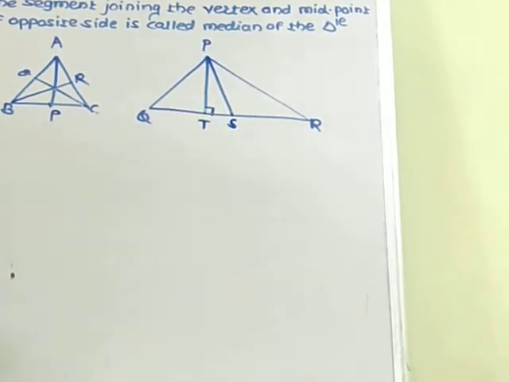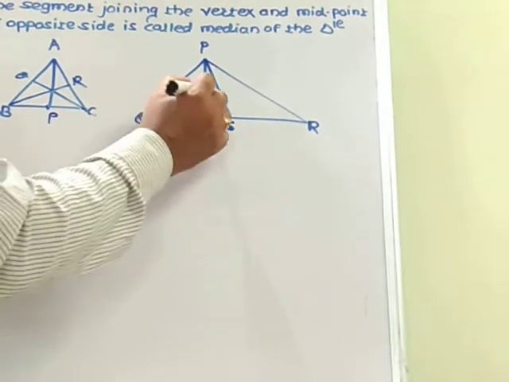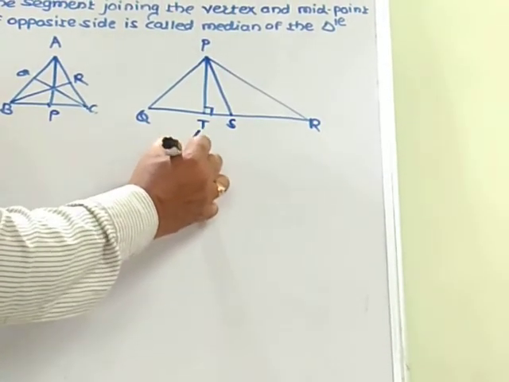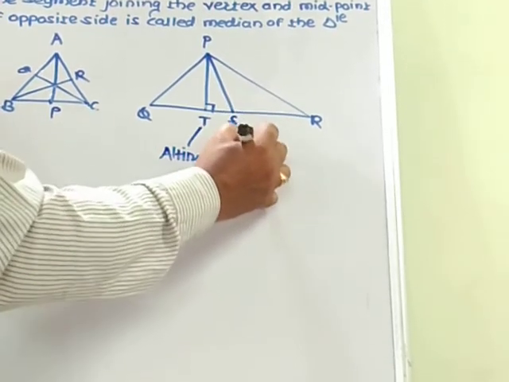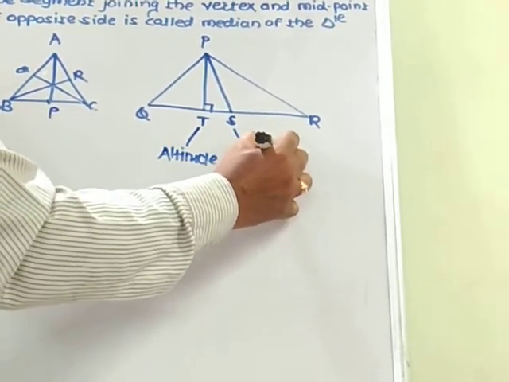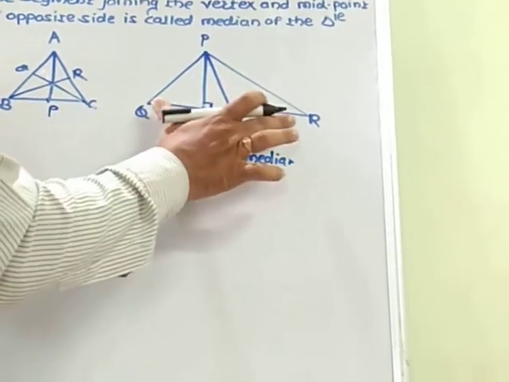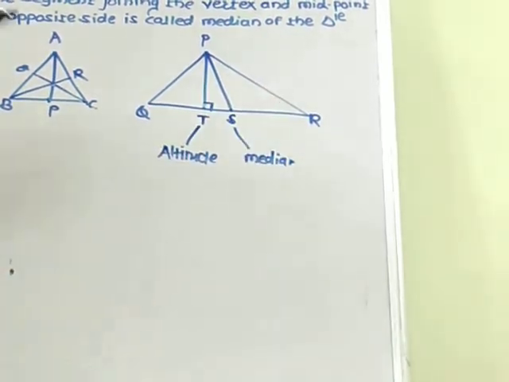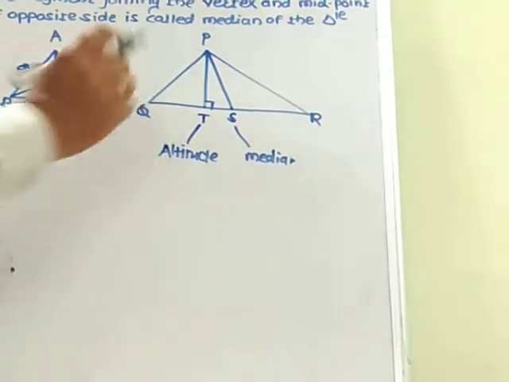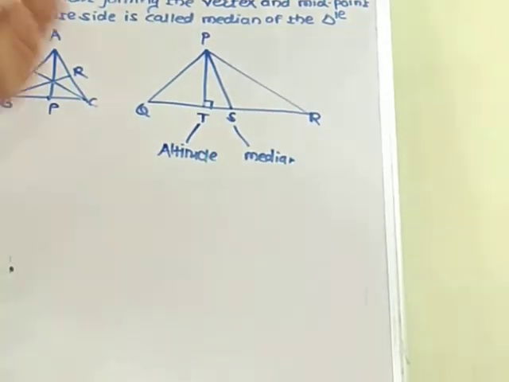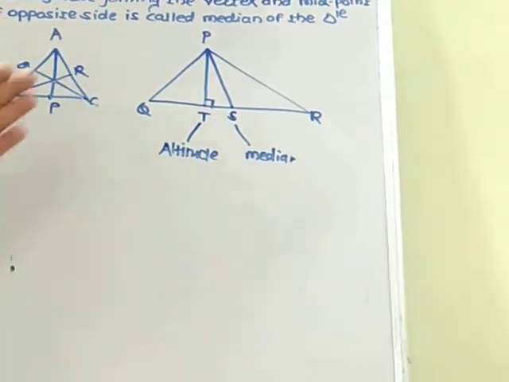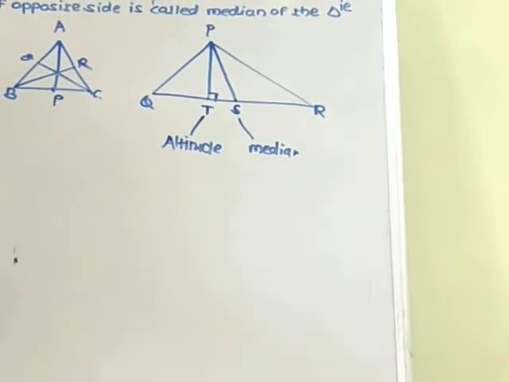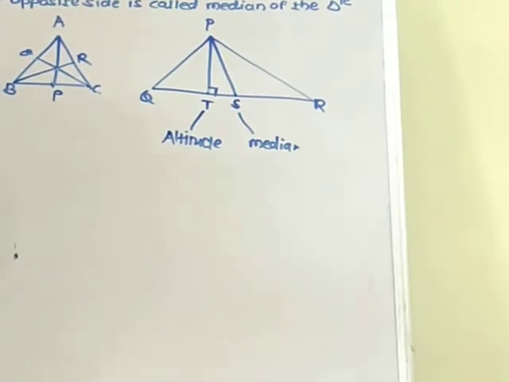T is the altitude and S is the median, because S is the midpoint. T is not central; an altitude only makes a perpendicular line, but medians go to the midpoint of the opposite side.